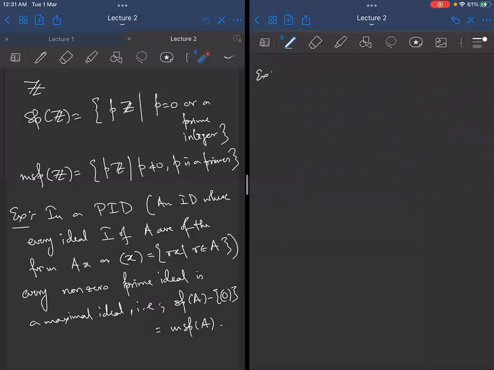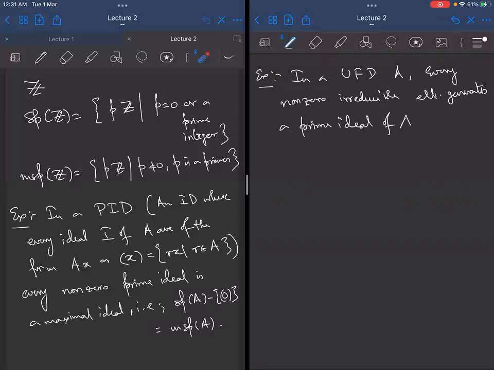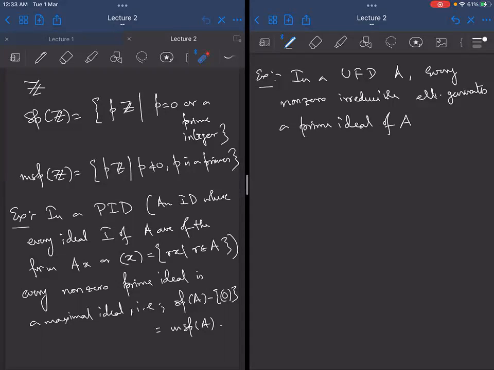In fact, another exercise says that in a UFD A, every non-zero irreducible element generates a prime ideal of A. Okay, so this is the scenario for PID and UFD.